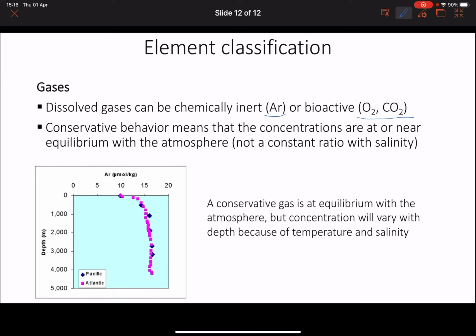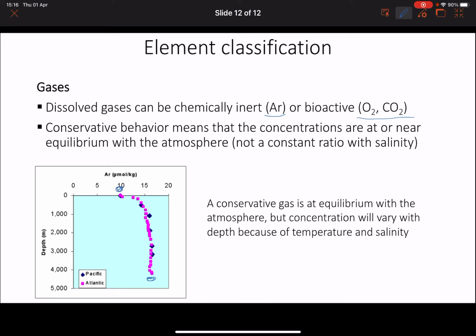And so argon has no biological or chemical process that acts on it. And when you look at this profile, you might think, well, gee, that looks like a nutrient profile, and it does. But remember that cold water holds more gas. And so these deep waters are colder than these shallow waters. And so argon is at equilibrium through the whole process.